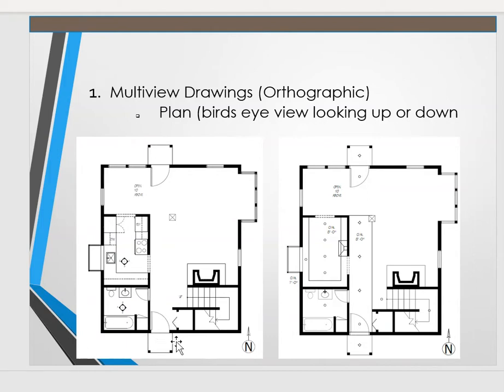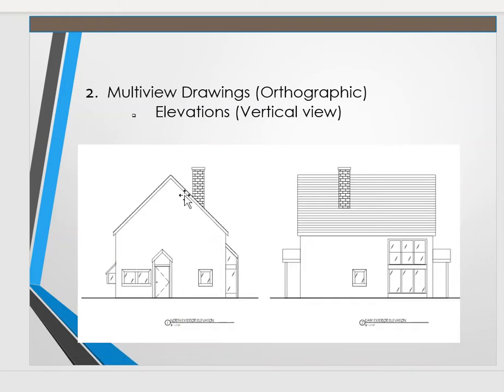As we look at the front of the house right here, it's got a window, a door, and a window. So we use orthographic projection to create these elevations. So these show us the multi-view of this home.